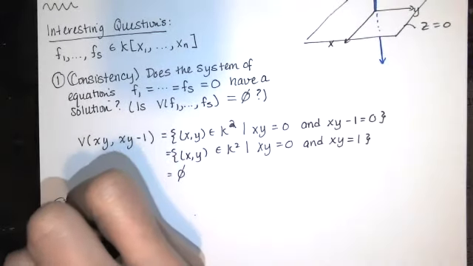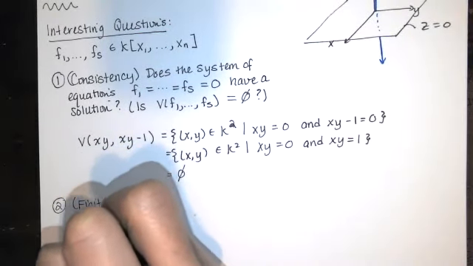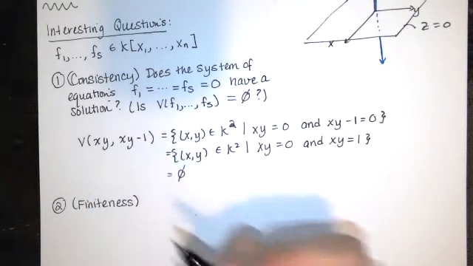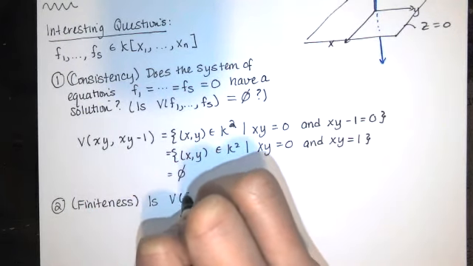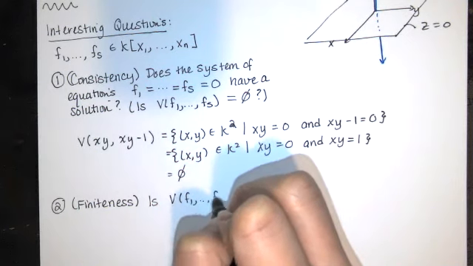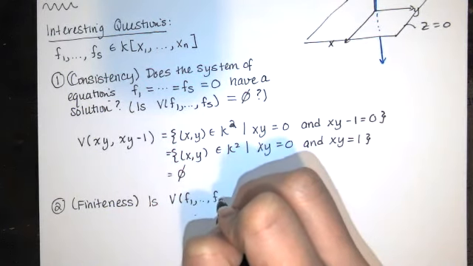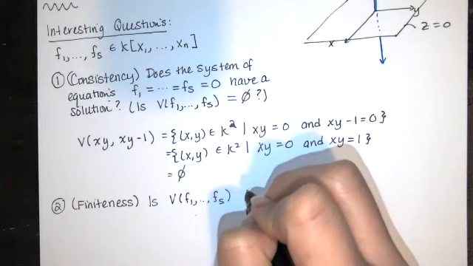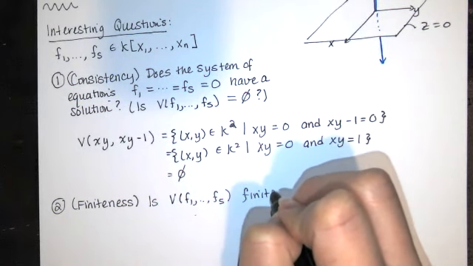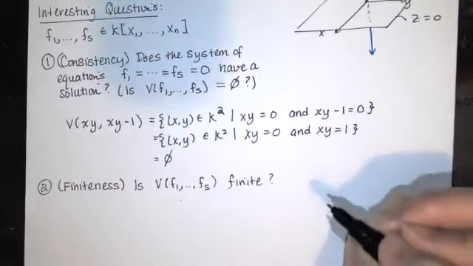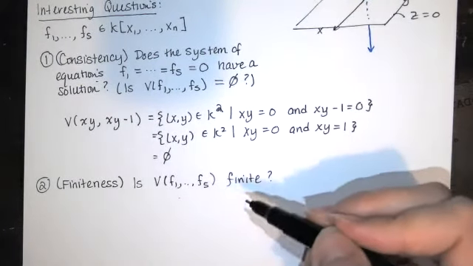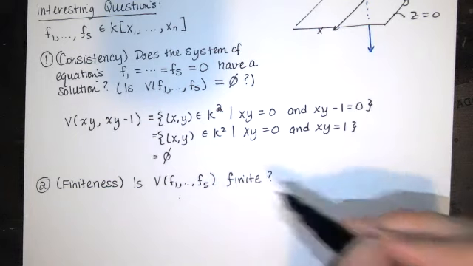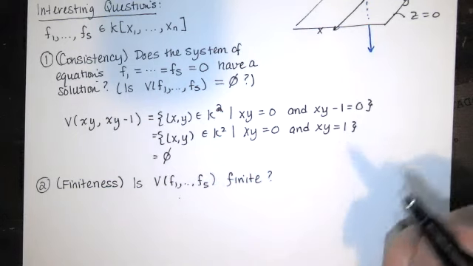is about finiteness. Is this set of solutions finite? In other words, do we have a list of solutions in n-dimensional affine space for the system of polynomial equations?